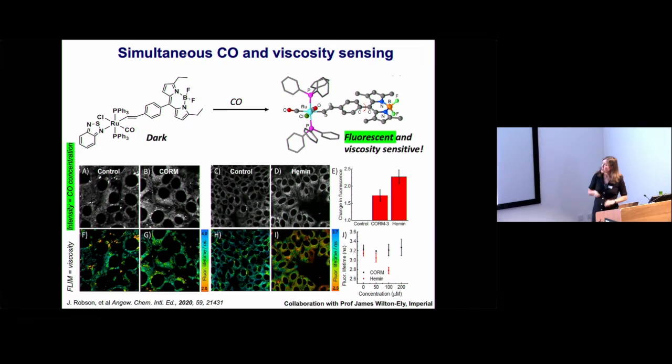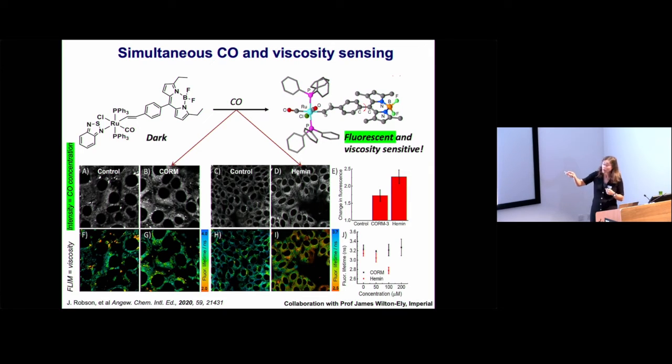And here's another example, when we subject our cells to production of CO. So this is an unusual rotor because now it's attached to a ruthenium center. And the special property of this transition metal complex is that this first complex, even though it has the rotor attached to it, is completely dark.